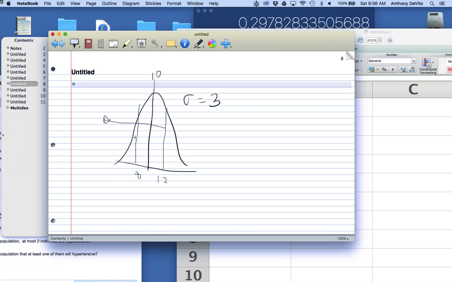Then I find the area from here down. All I need to do is take this bigger area, subtract the smaller area from it, and I'm left with the area in between: the percentage of new nurses that would finish it between 8 and 12 minutes. Okay, let's give that a try here.